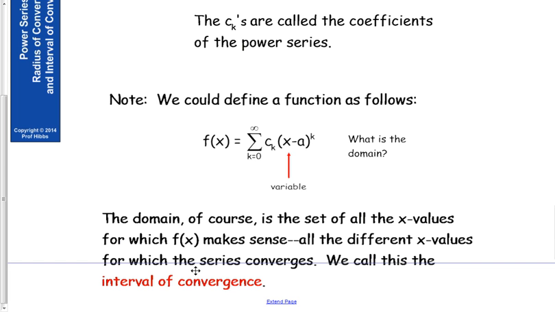So all the different x values for which the particular series for that x converges. And that set of x values we call the interval of convergence. So rather than saying the domain of f, what we talk about is the interval of convergence for this power series. It's called a power series, of course, because the power on the expression involving x is increasing one after the other.